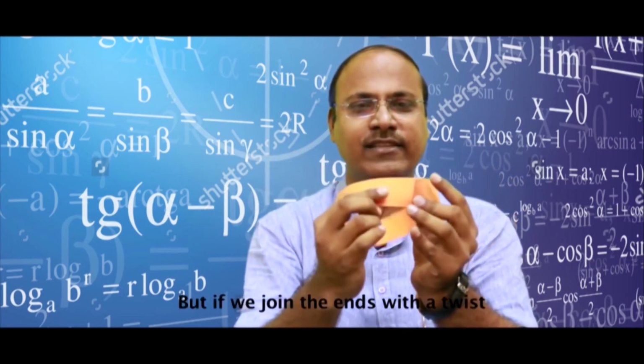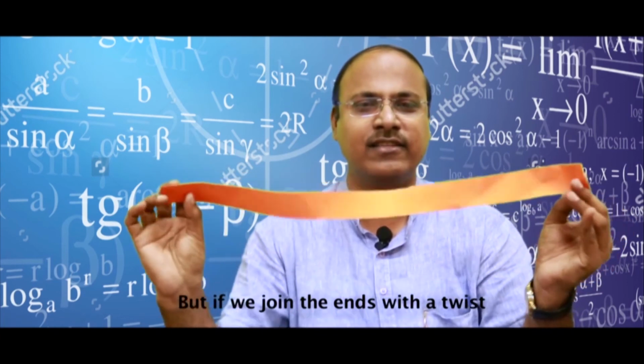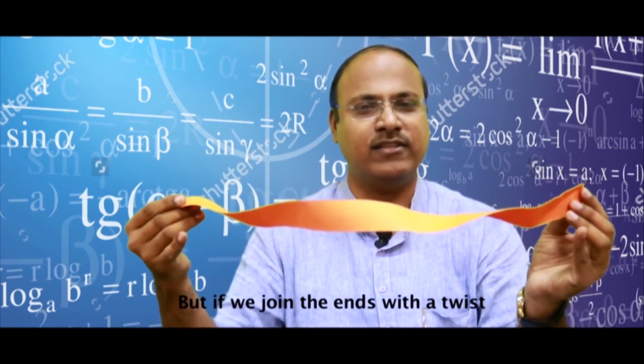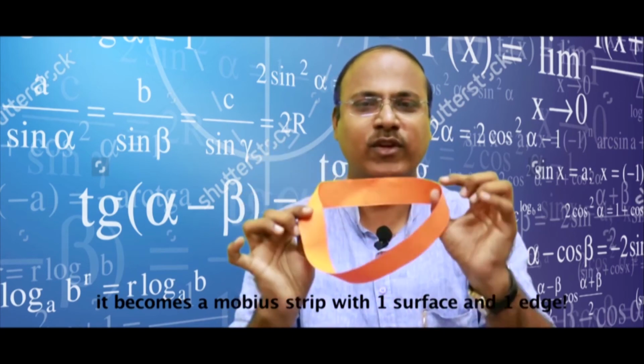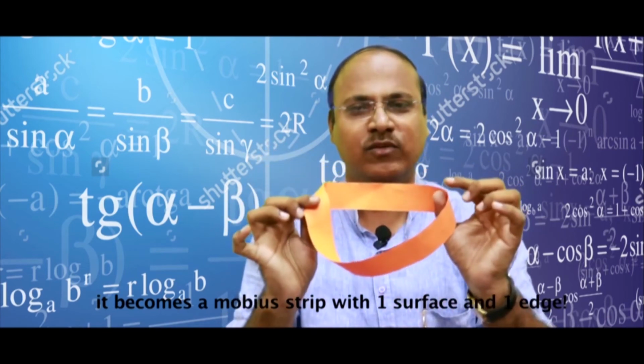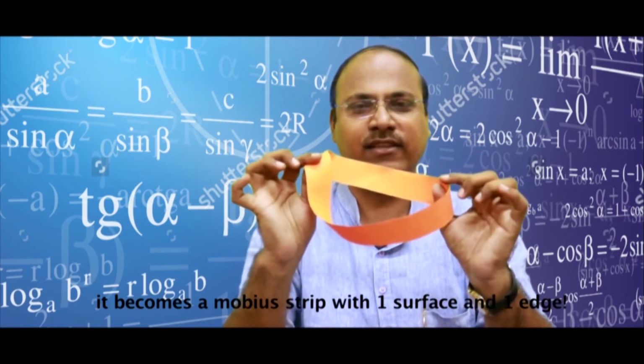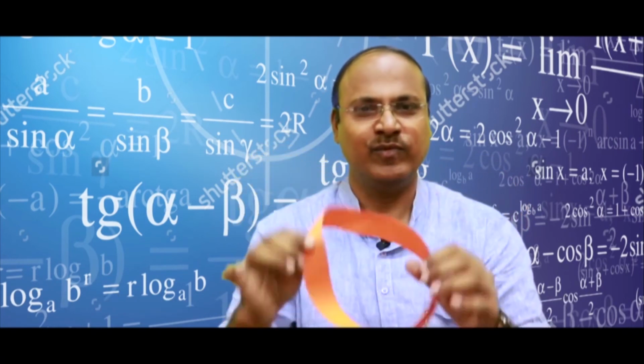But instead of joining the ends like this, if I make a twist and then join them, then this becomes what we call a Mobius strip, which has one single surface and one single edge.